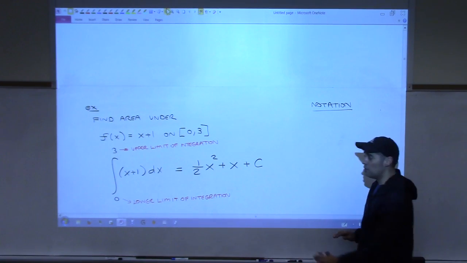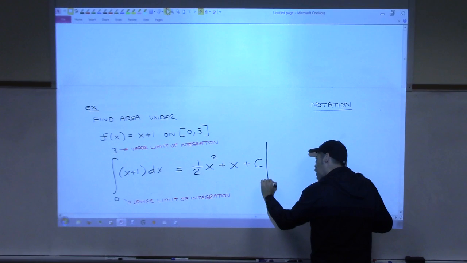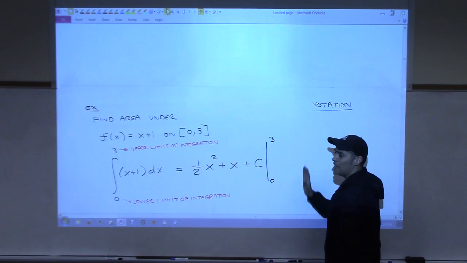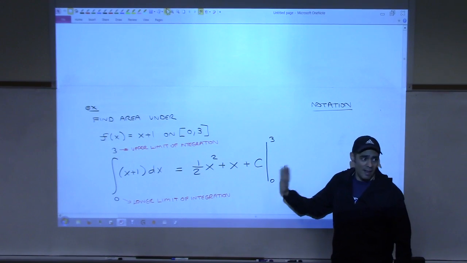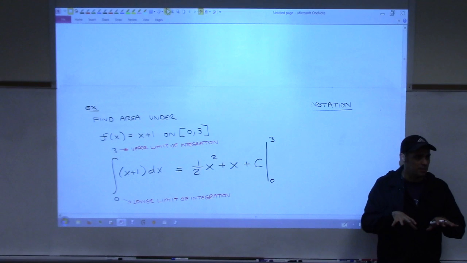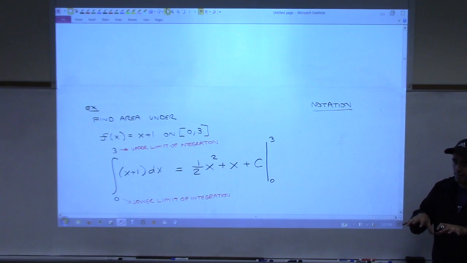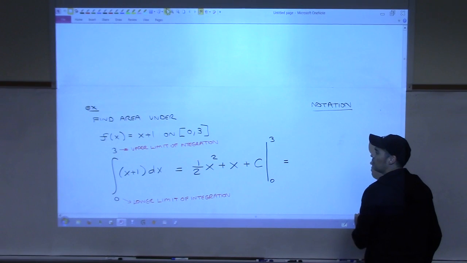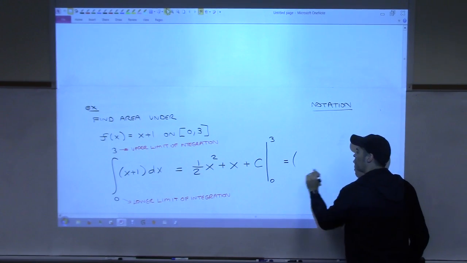So the notation we use now is we put a bar over here to the right of this. We put 0 down here and a 3 up here. And that's just the notation we use to remind us now we need to plug 3 into this, plug 0 into this, and subtract the two. So let's first plug 3 in.